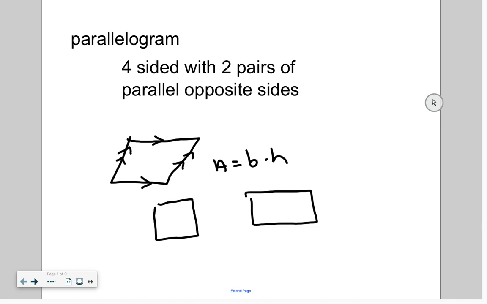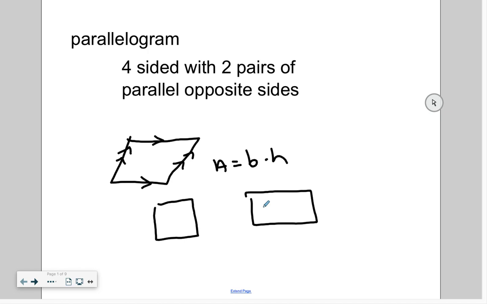Honda has Accord, Civic. Ford has, I don't know, but hopefully you get the general idea here. So parallelogram is the broad topic. And the types of parallelograms are this type here, this shifted rectangle, what have you, square, and rectangle.